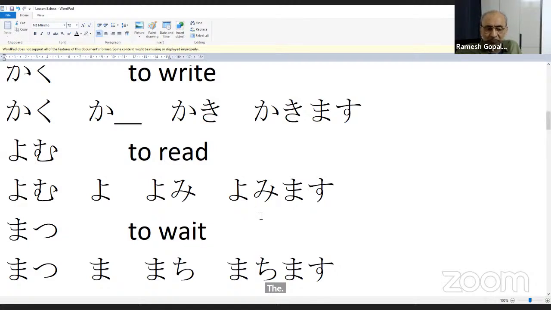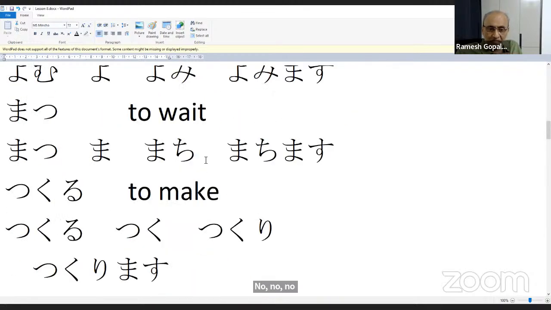Add mas, yomimas, to read. Matsu, machi, because for tsu it is chi. Ta, chi, tsu, te, to. So drop tsu, add chi, so machi, and then add mas.